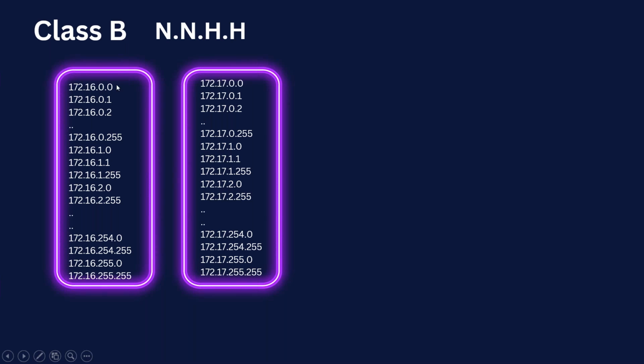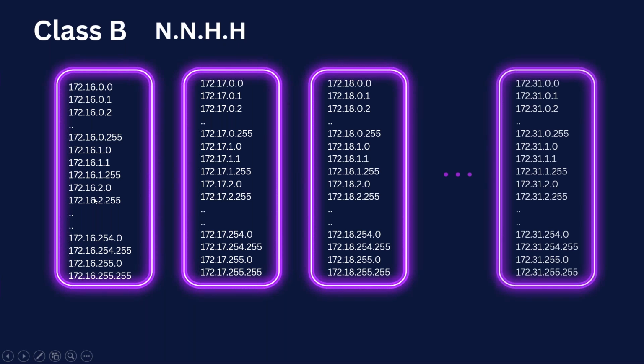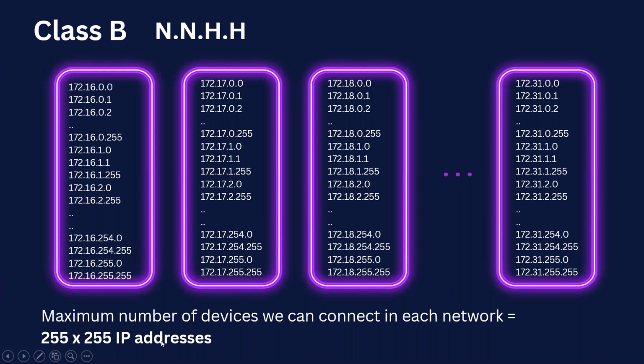Now, if you notice, from 172.16.0.0 up to 172.16.255.255, since there are two host portions, you can connect a maximum of 255 into 255 devices in each network. That is a much larger number compared to class C. In class C, you could only connect 255 devices, but in class B, it's 255 into 255, which is approximately 65,525.